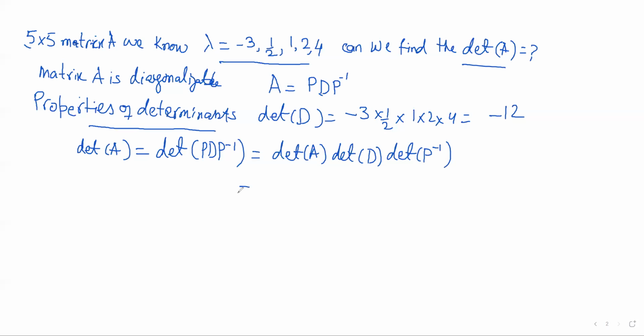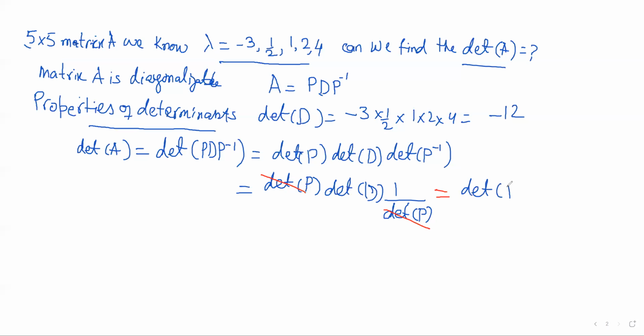And the determinant of P inverse is equal to 1 over the determinant of P. So the determinant of P cancels with the determinant of P. What is left is the determinant of D, which we already know is minus 12.